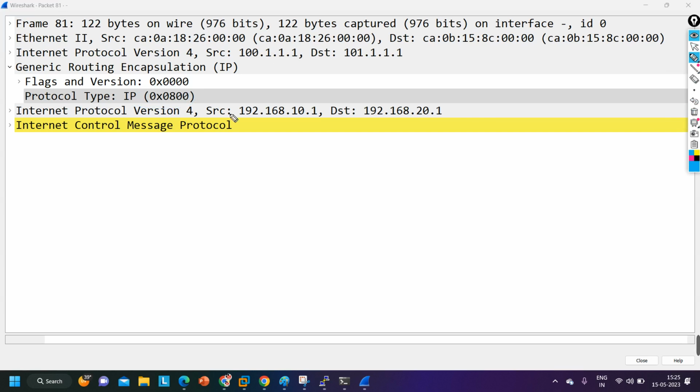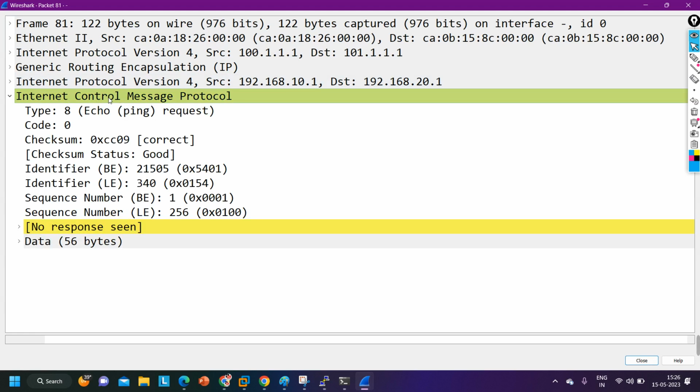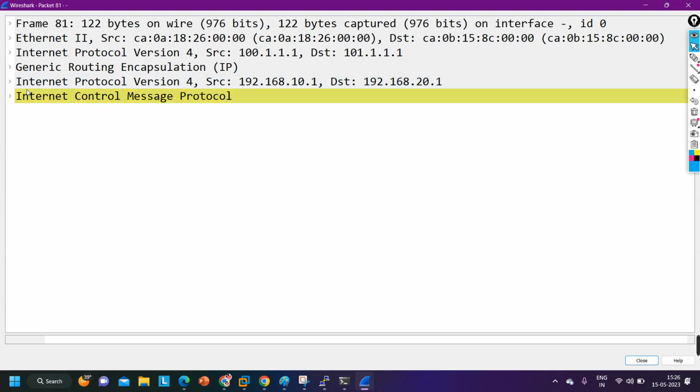This one is my actual ICMP request message. After that, this is my actual IP header. Here the source is 10.1 and the destination is 20.1.